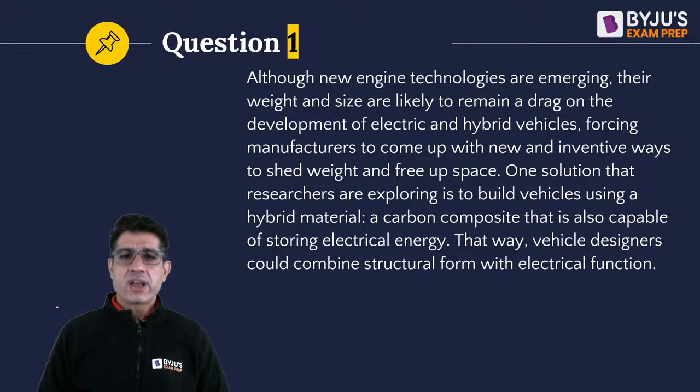So I hope you have gone through the paragraph. So what does it talk about? The weight of electric and hybrid vehicles. Right? That's the core topic that it explores.